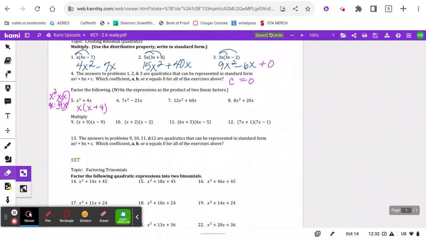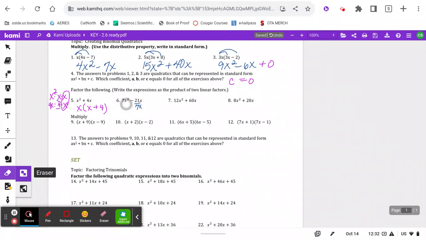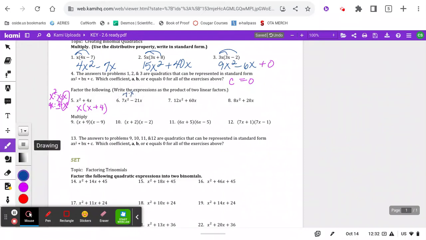Okay, pause the video, try the next one, see how you did. So here, a 7 can divide in, and an x can divide into both. But if you don't see that, then let's stretch out and see what's in common. For example, 7x squared could be stretched out as 7 times x times x. 21x could be stretched out as 7 times 3 times x.